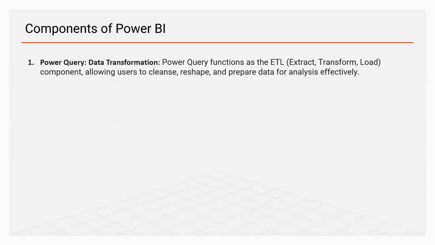Power Query is a data transformation and mashup engine which enables you to discover, connect, and combine data sources to meet your analysis needs. It can be downloaded as an add-in for Excel or can be used as part of Power BI Desktop.